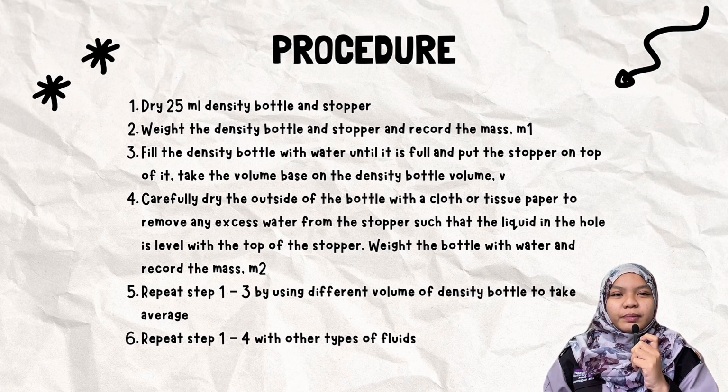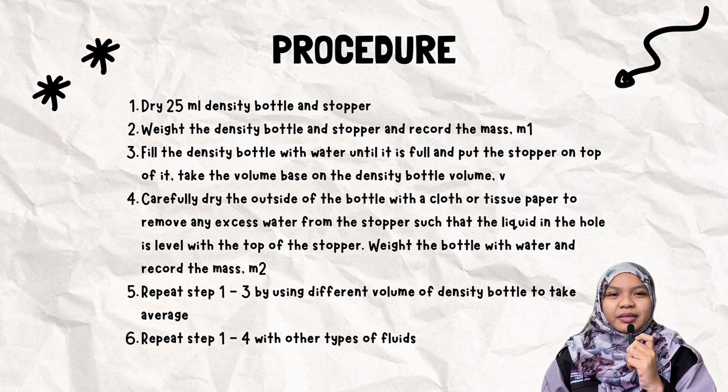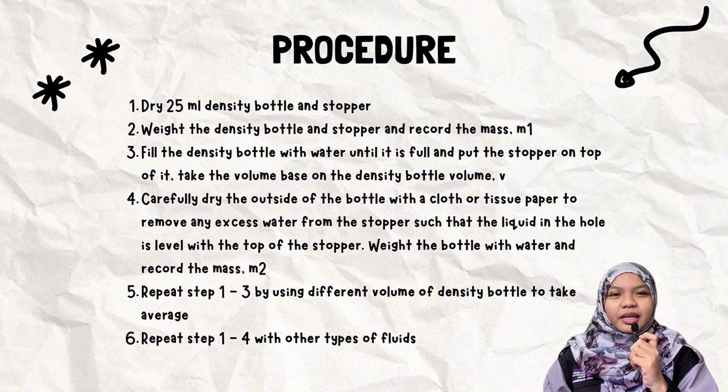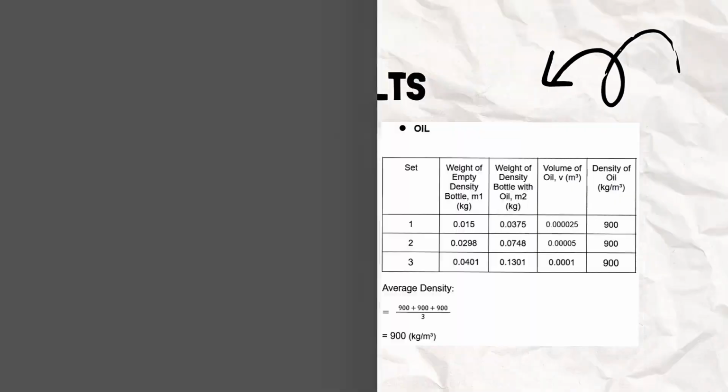We first weigh the empty bottle, then fill it with fluid and reweigh it. The difference in mass represents the fluid's mass, and we calculate density using the known volume.